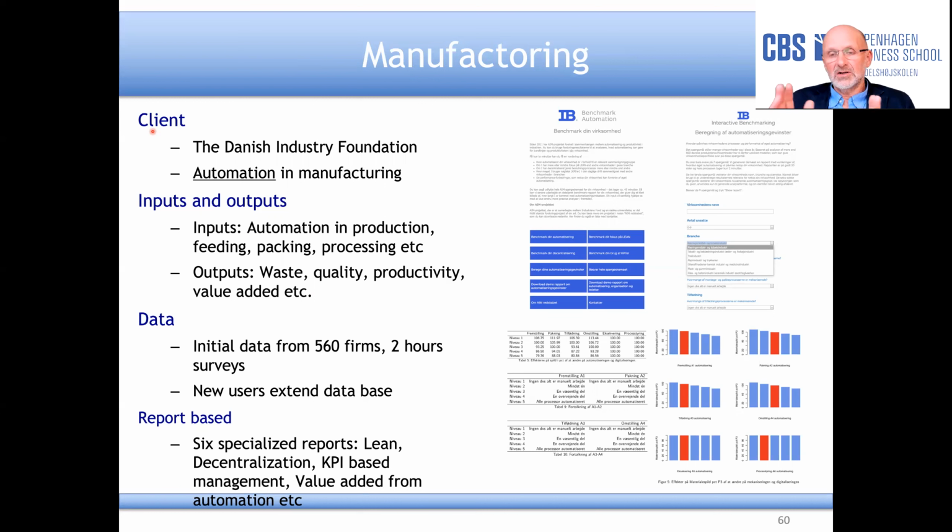And then the consequences of automation can also be multiple. It can impact the amount of material that goes to waste, the quality of the products being produced, the value added per employee, and so on. So we had like multiple automation on the input sides and multiple consequences on the output side.